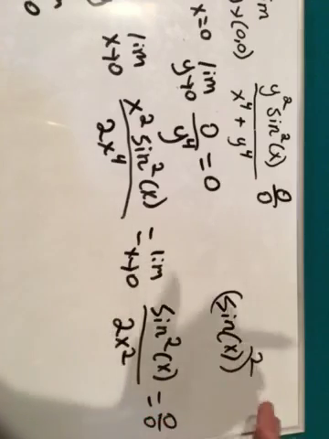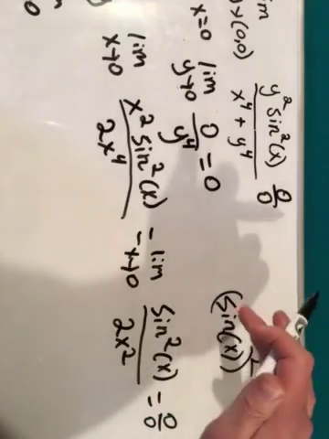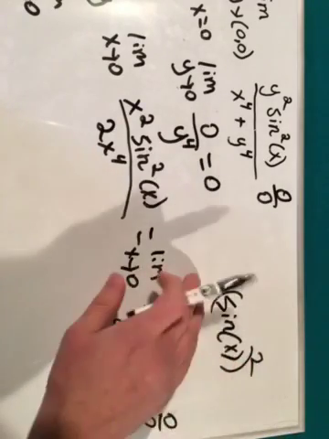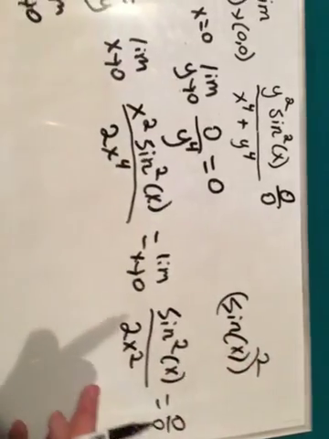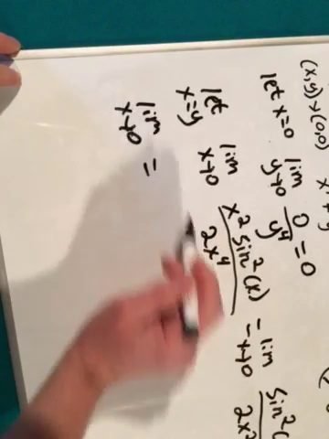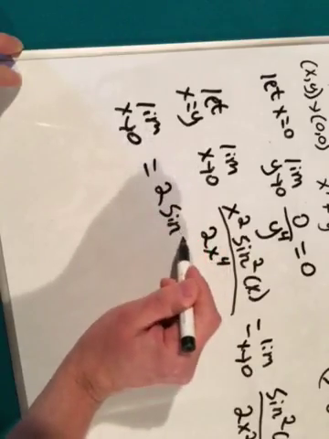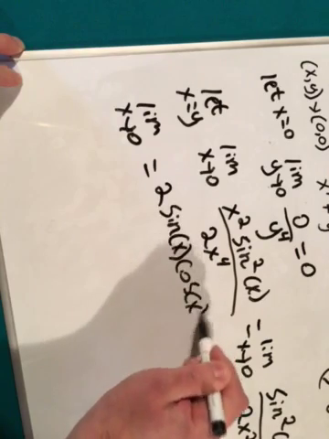So this is like blop squared. The derivative of blop squared is 2 times the blop times the derivative of the blop. So that's 2 sine of x. Then the derivative of sine of x is cosine of x. So this equals 2 sine of x times cosine of x. Okay.